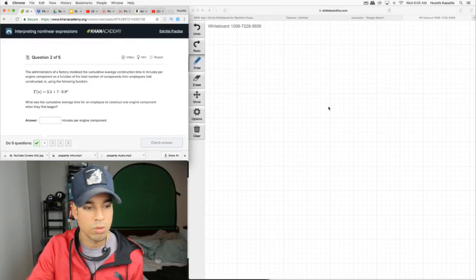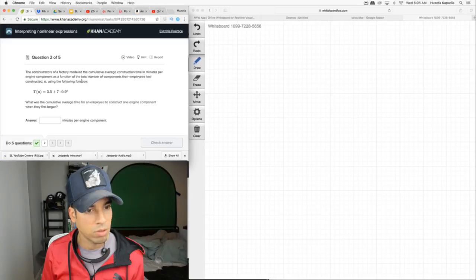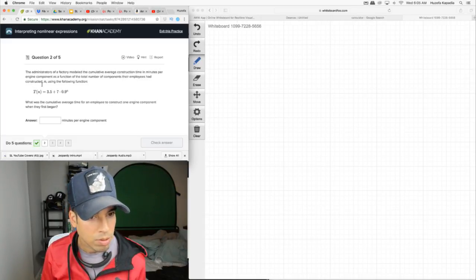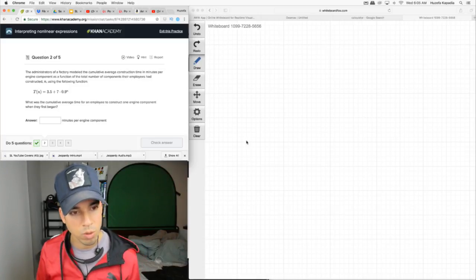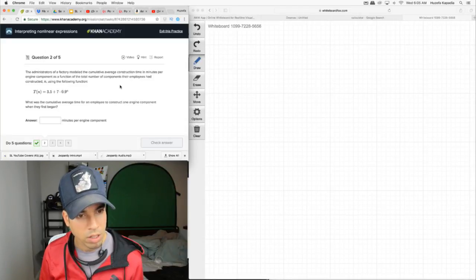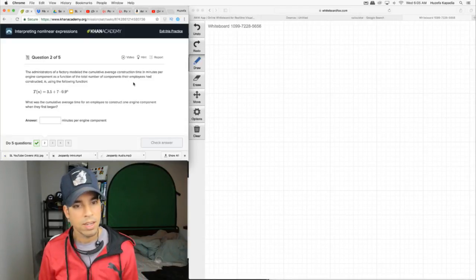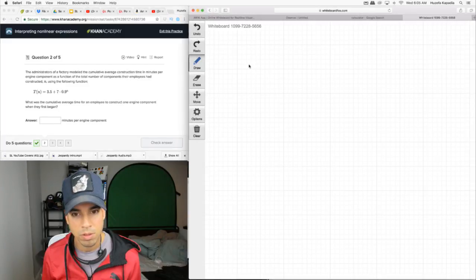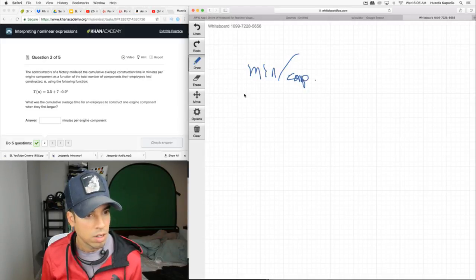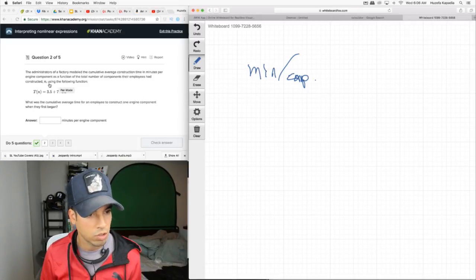Let's move on to question number 2, non-calculator. The administrators of a factory modeled the cumulative average construction time in minutes. Always gotta pay attention a lot more with these word problems, so I'm going to start over. The administrators of a factory modeled the cumulative average construction time in minutes per component as a function of the total number of components their employees had constructed.